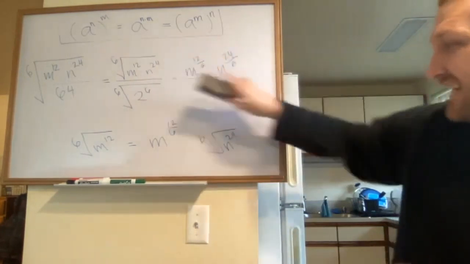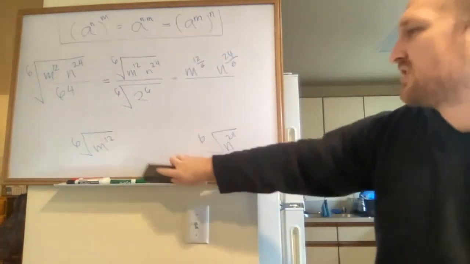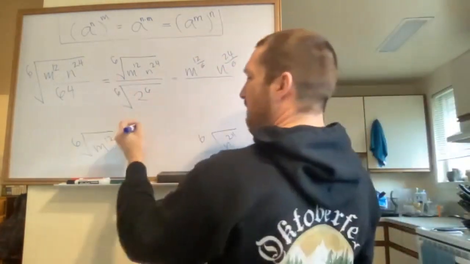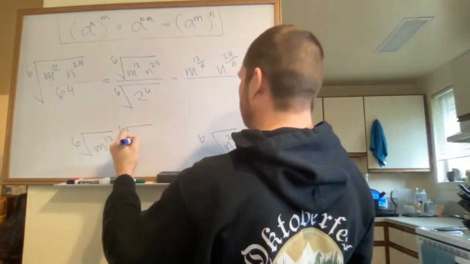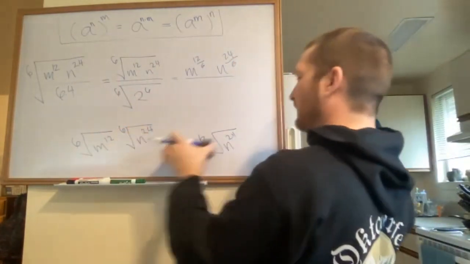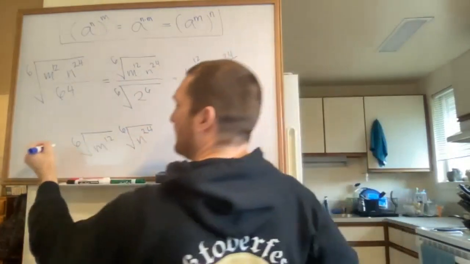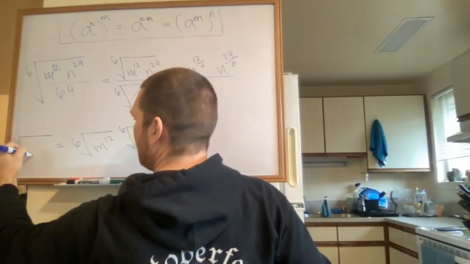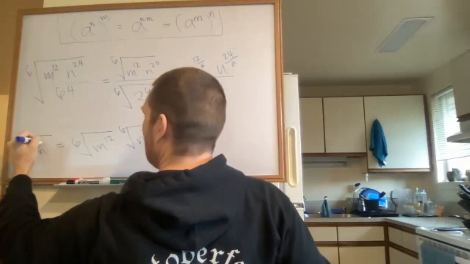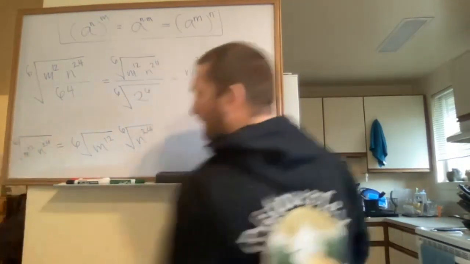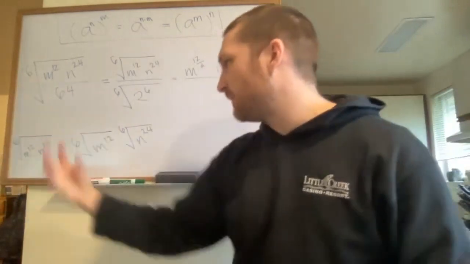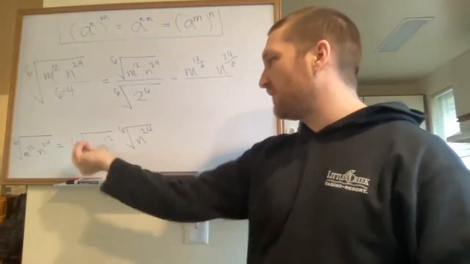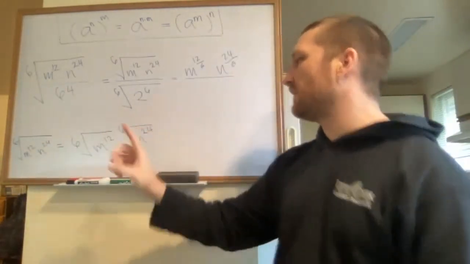And hey, what do you know? Notice what I just did. I took this thing and broke it into this and did it individually. We know that we could do this from our previous lectures: the root of something times something is the same as the root of the first thing times the root of the second thing.